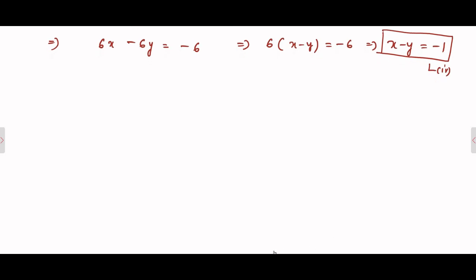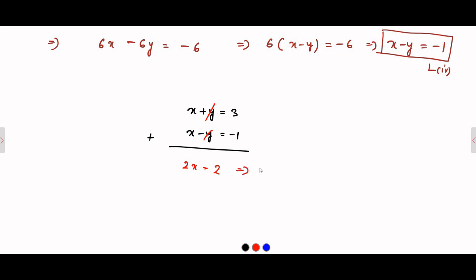So we have converted those two into simple format. Now you can simply use the elimination method to add these two. When we add them, plus y and minus y get cancelled. We have 2x is equal to 3 plus minus 1, that is 2.